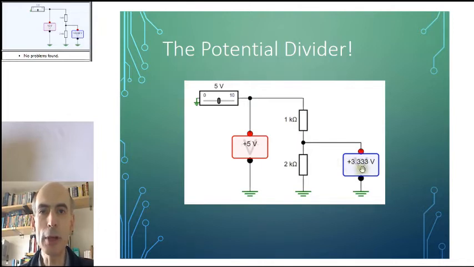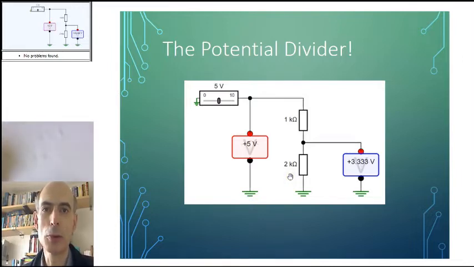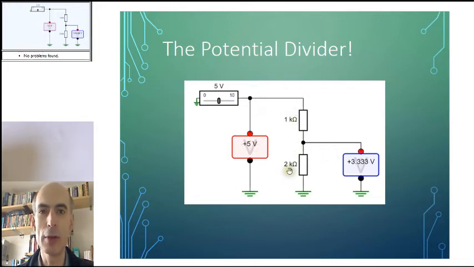Being able to work out this output voltage, given the input voltage and the values of the two resistors, is a very useful skill, which we will use and come across in a whole variety of different situations as we go through the module. So, how do you do it? Well, let's first of all start thinking about what's going on in this circuit.